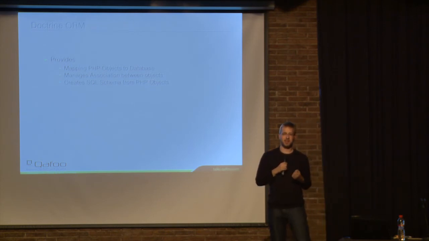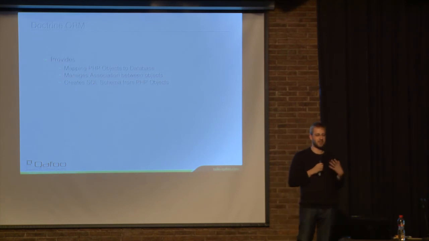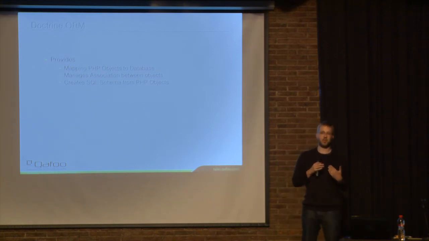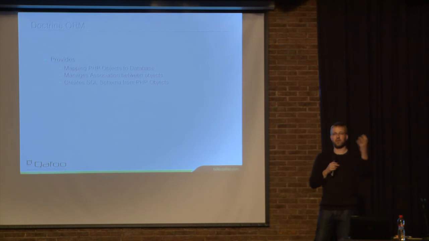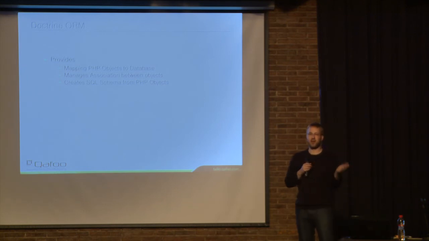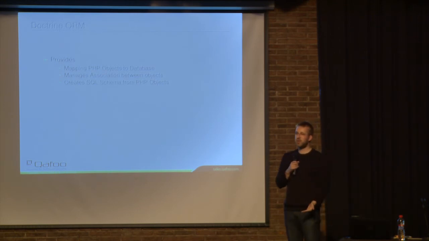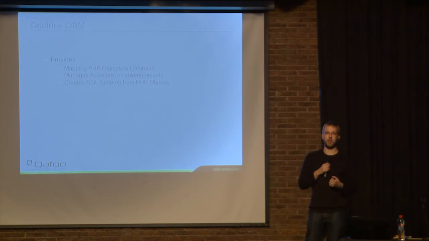Relational databases and object-oriented models are very different representations of data structures, and they don't match so well. So at first you might think, okay, obviously one class to one table, and then one column to one field in the object. But once you go to relations between objects, it's going to start getting very, very complicated.